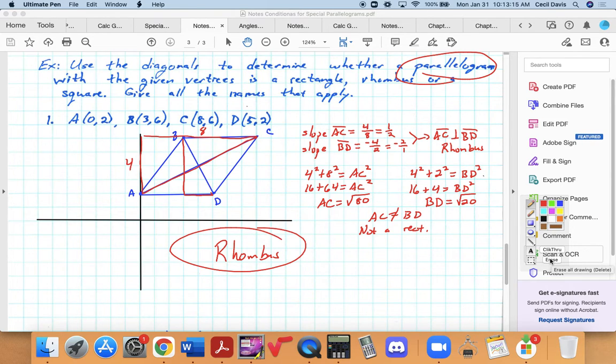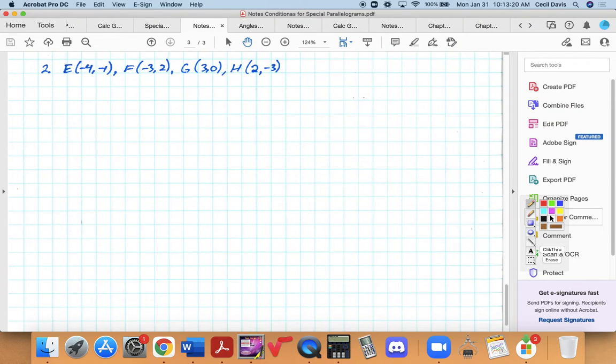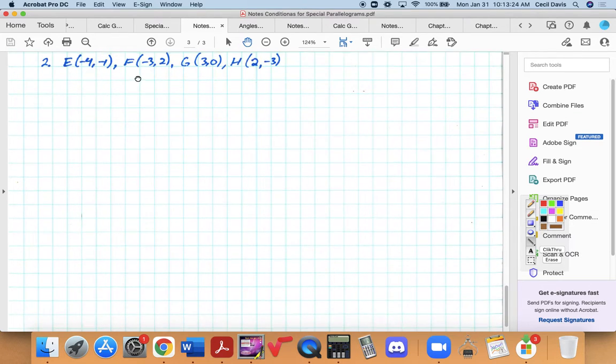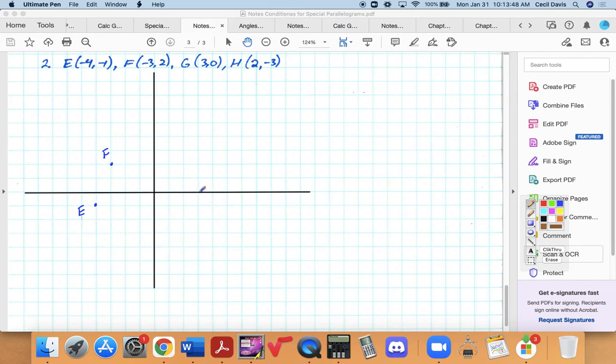All right, let's do the second one. See, E is negative 4, negative 1. F is negative 3, 2. G is 3, 0.